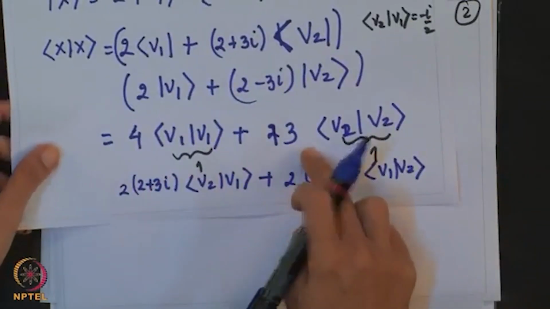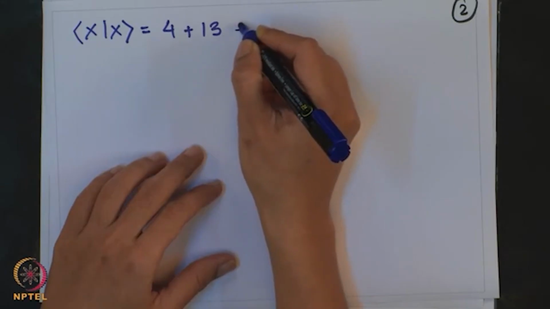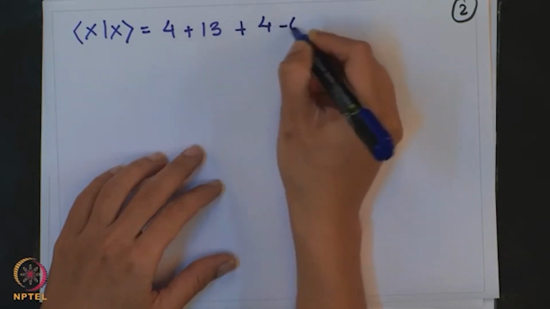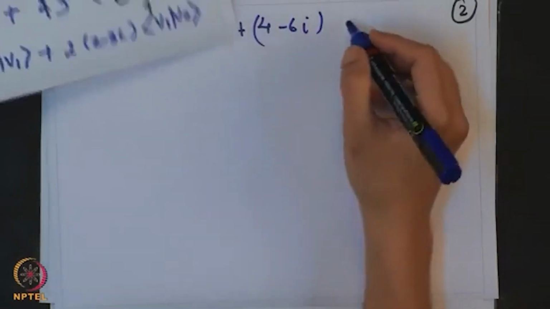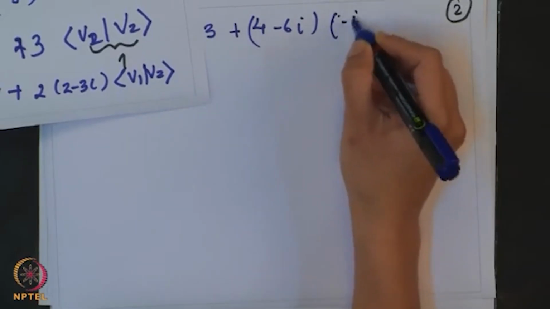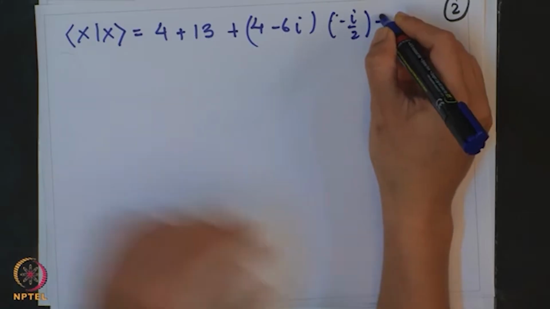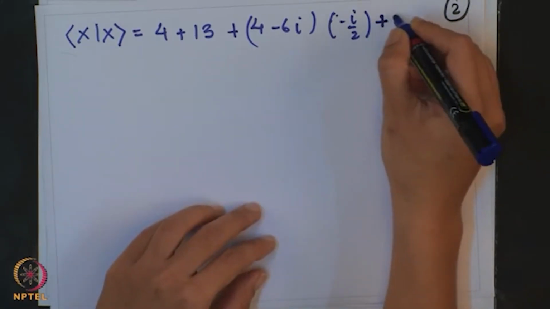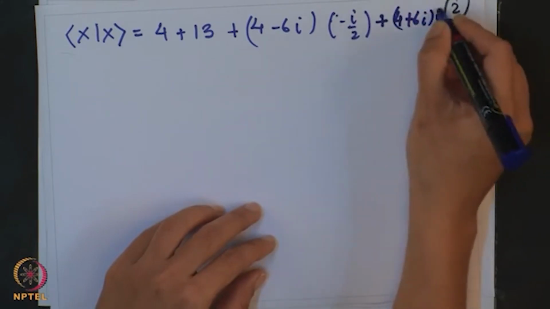So you had 4 from here, 13 from here, and then you have the other terms, that is 4 minus 6i as one term times minus i by 2, plus we have 4 plus 6i into i by 2.